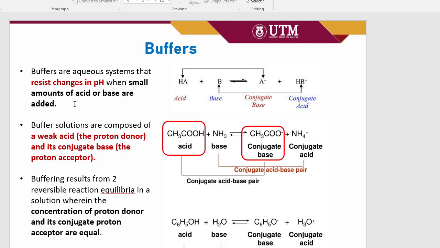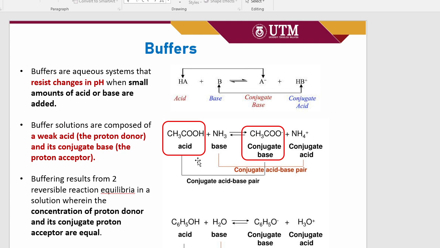In the presence of buffers, no change in pH occurs. Buffer solutions are composed of a weak acid, the proton donor, and its conjugate base, the proton acceptor. So we have this transfer of protons between them, between the strong and weak.